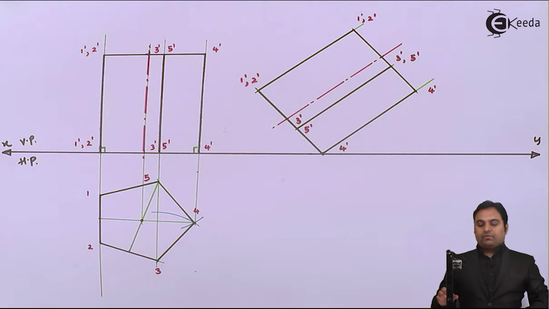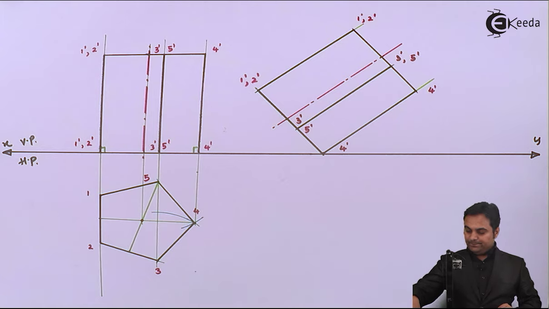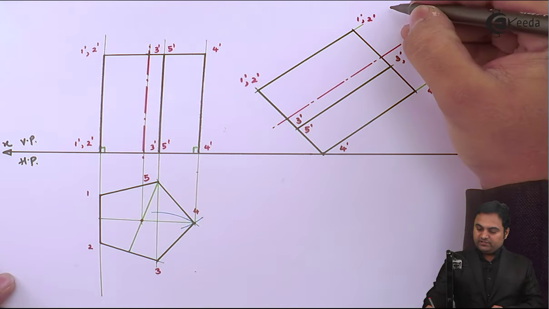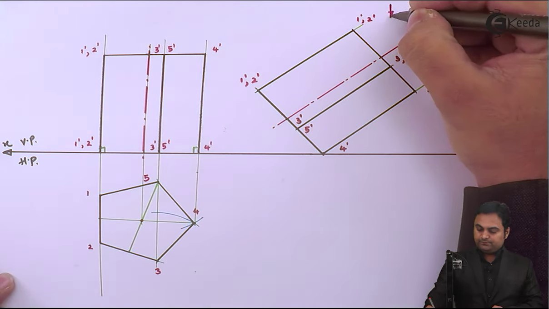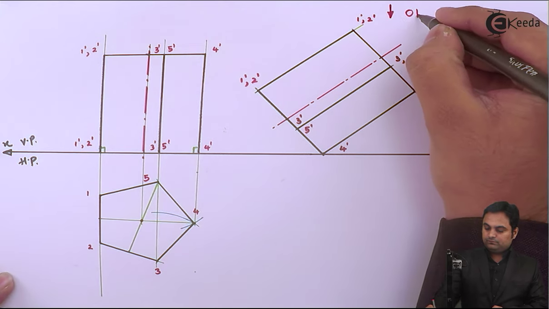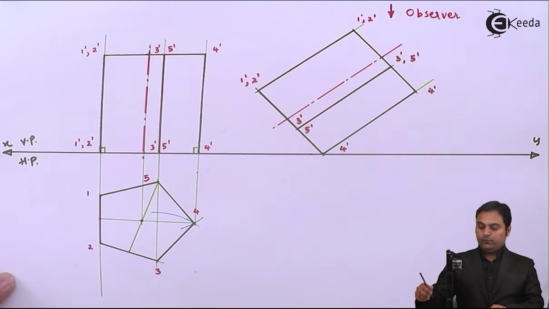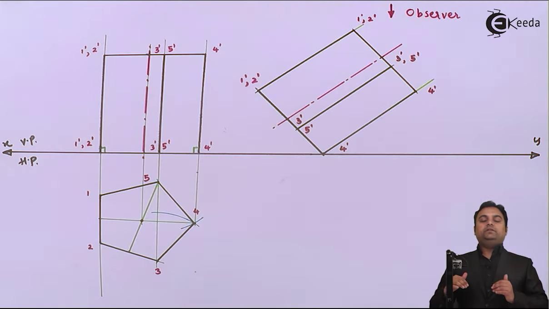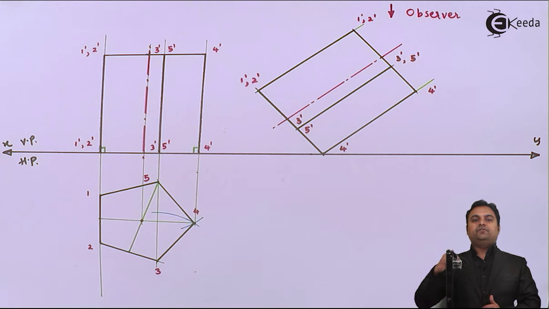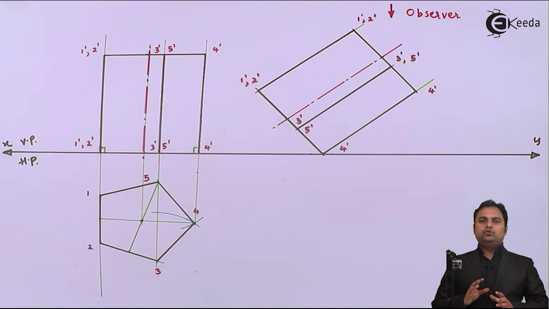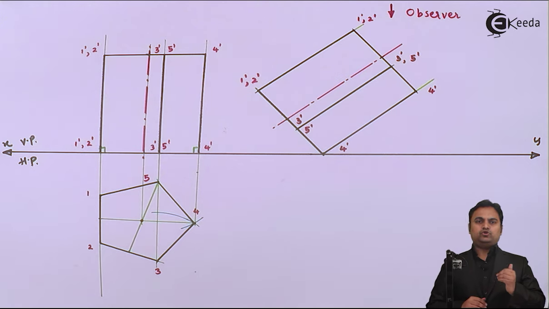Now, after I have completed the front view, the next thing is to draw the top view of this inclined pentagonal prism, and for that the observer is there at the top. Now, when we are looking at the pentagonal prism from the top, we have to draw those points first which are visible to us or which are close to us.